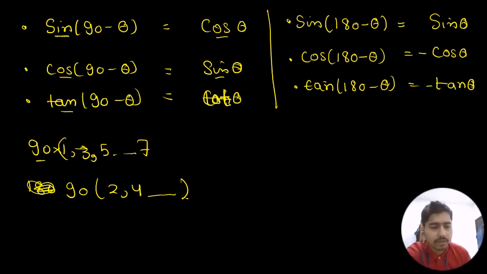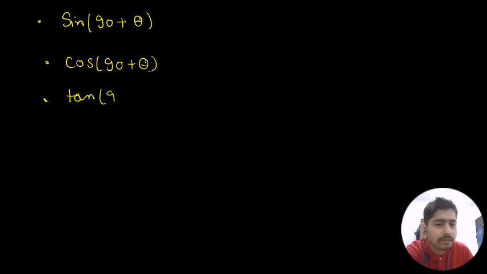Now similarly we can do more angles. The second quadrant we can also write as sine of 90 plus theta, cos of 90 plus theta, and tan of 90 plus theta. In the second quadrant, sine is positive and the rest are negative.